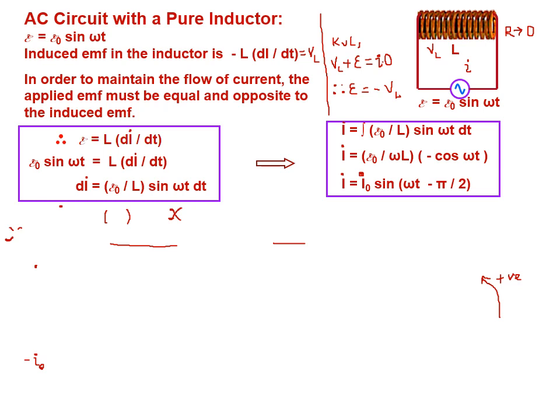That's why the average current is not coming, so I is equal to I naught sin of omega t minus pi by 2, and K is taken as 0.